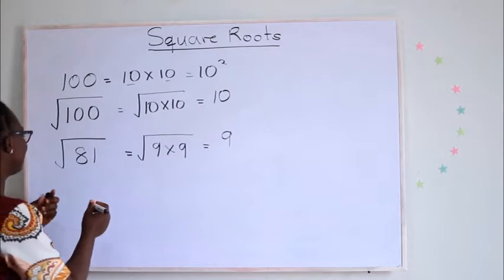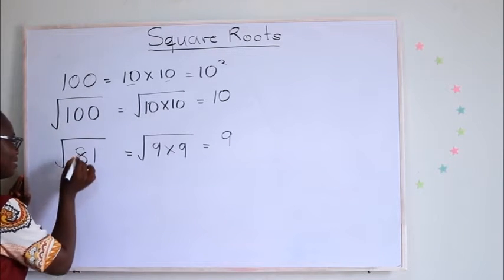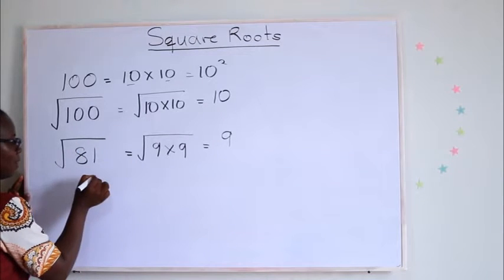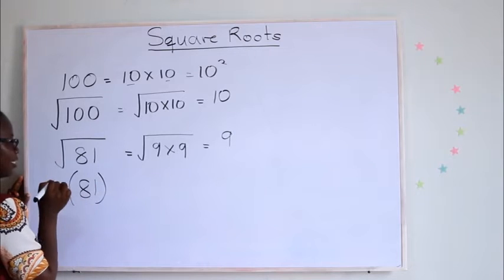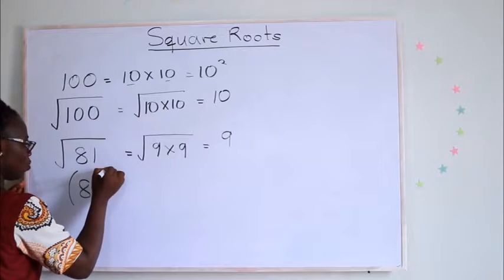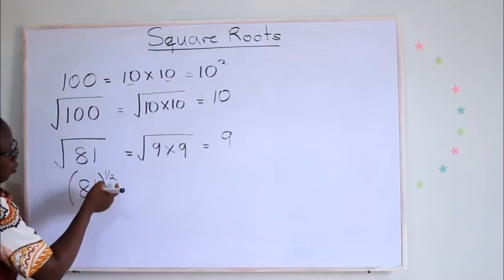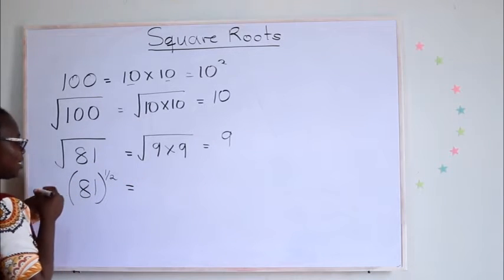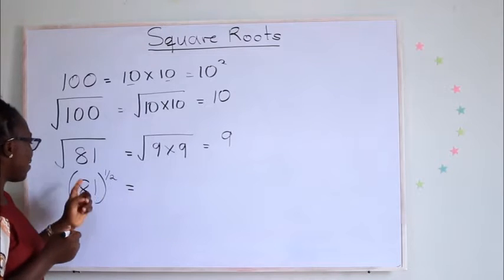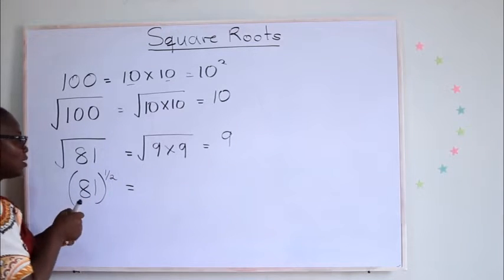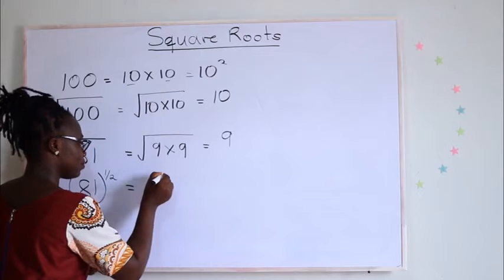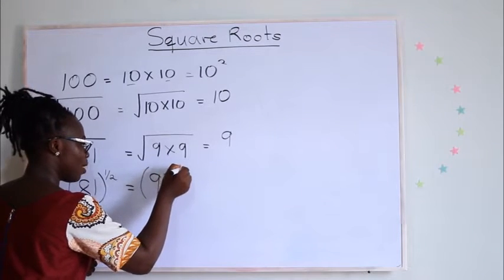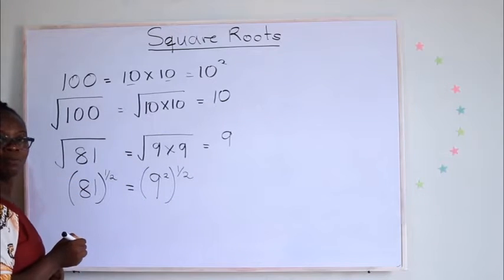Normally, if I write the square root of 81, what it implies is that the exponent, or the index, is 1 over 2. So 1 over 2 is the same as this. If I'm looking for a number that when I multiply by itself I get 81, which is 9 squared, which will give me 81, exponent 1 over 2.